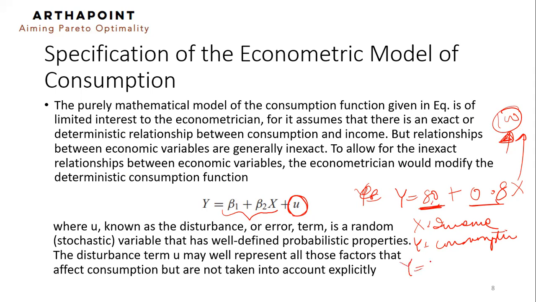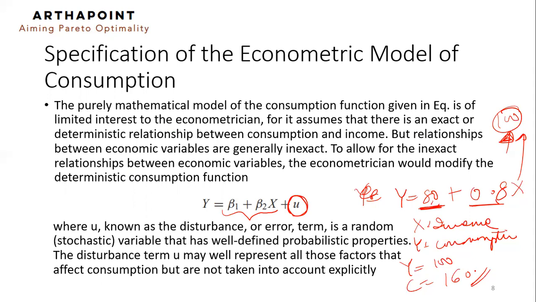So when income is 100, consumption will be 160. Supposedly you go ahead and define a model which looks something like this. Then the next question that I ask you would be: tell me what happened in reality. Tell me what happened when you gave a person $100.